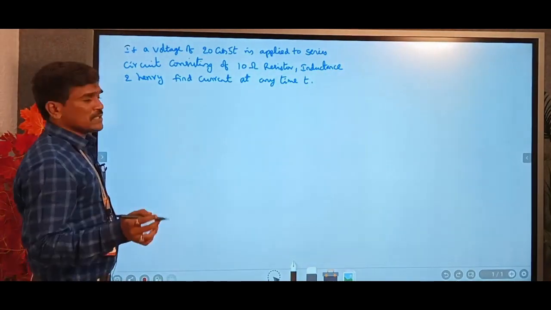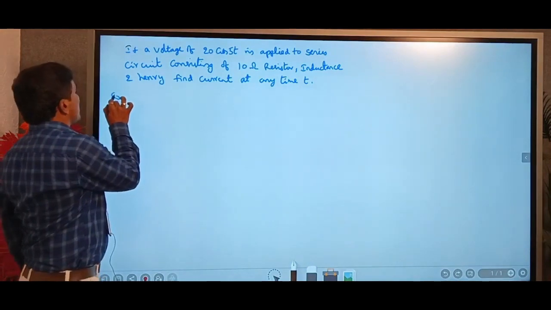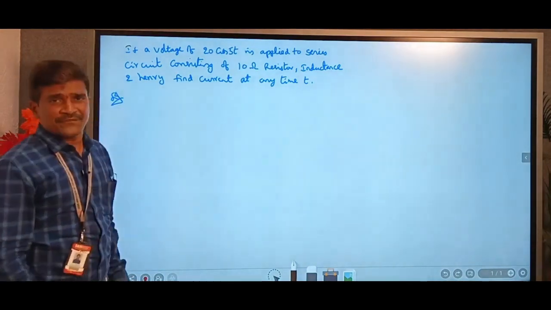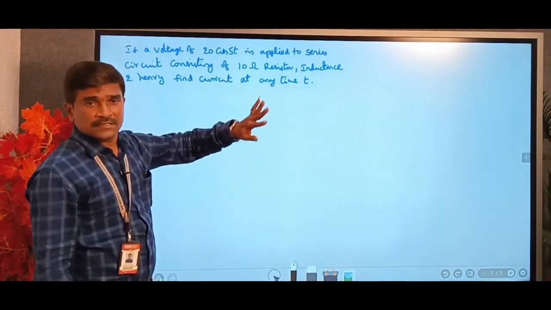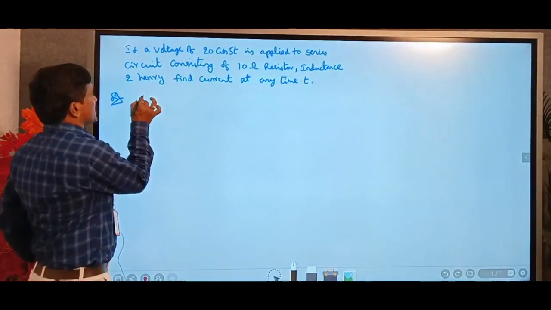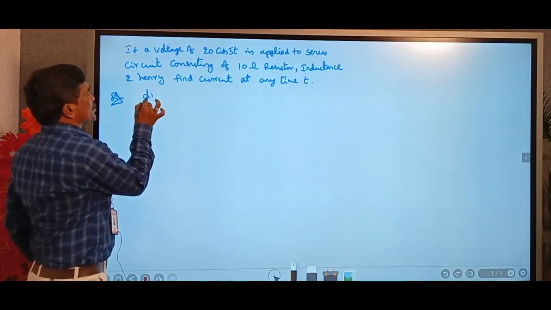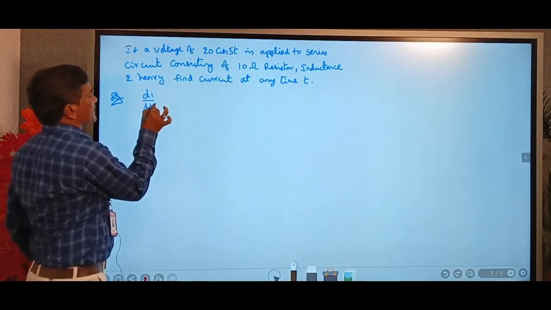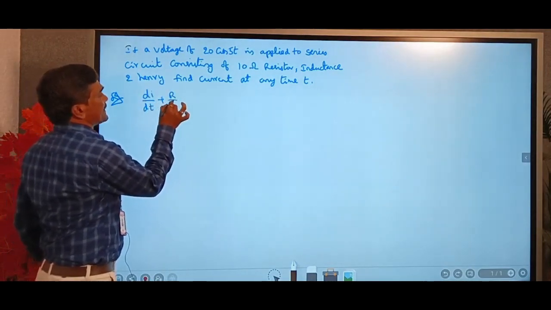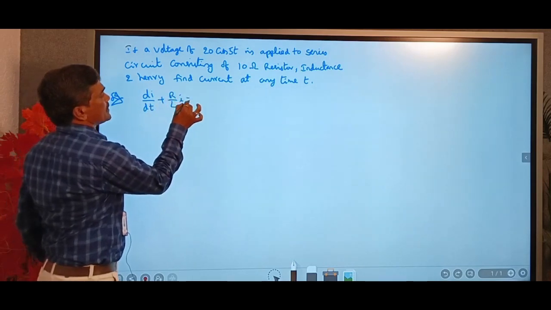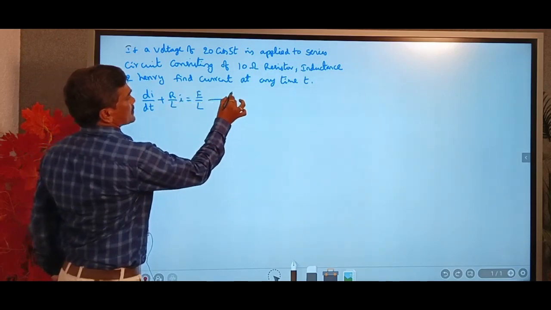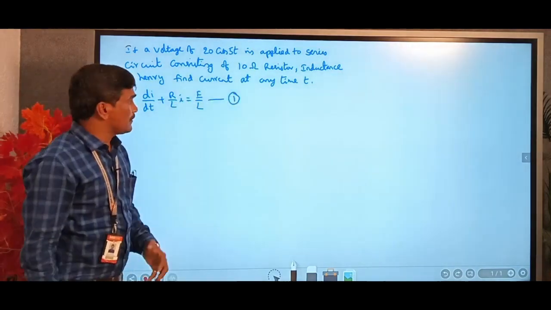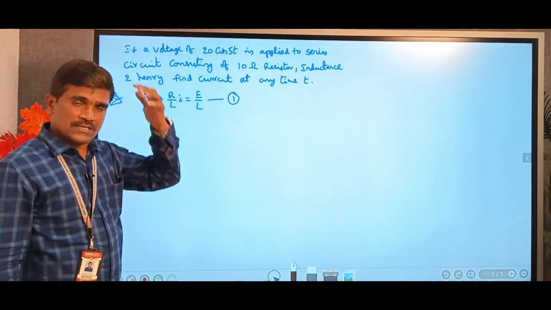The same process. First of all, form the differential equation from the given data. Here we have inductance and resistance only, so from this we get the equation di/dt plus R/L times I equals E/L. This is the equation from the electrical circuit.